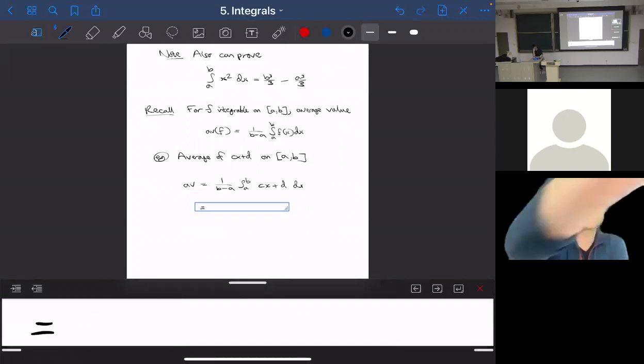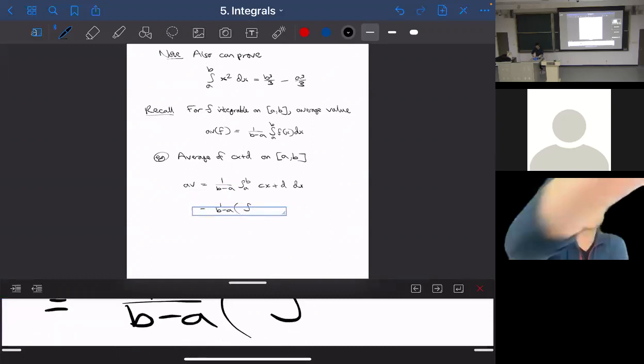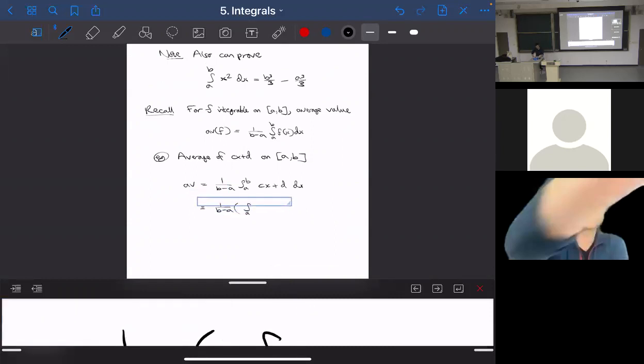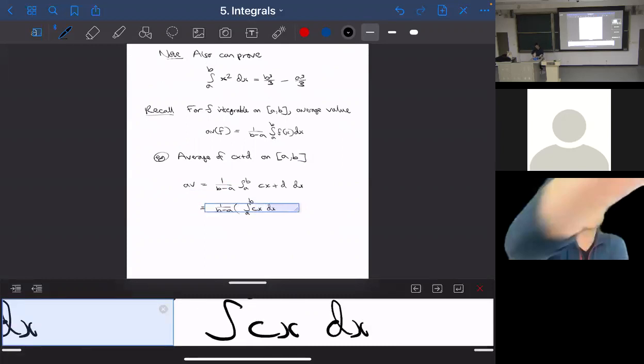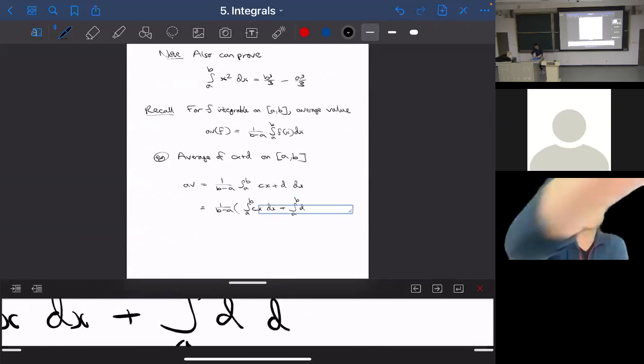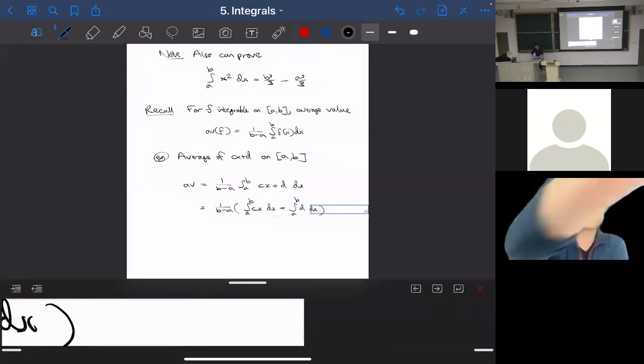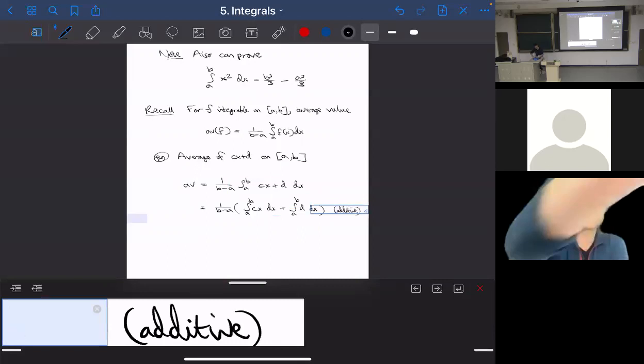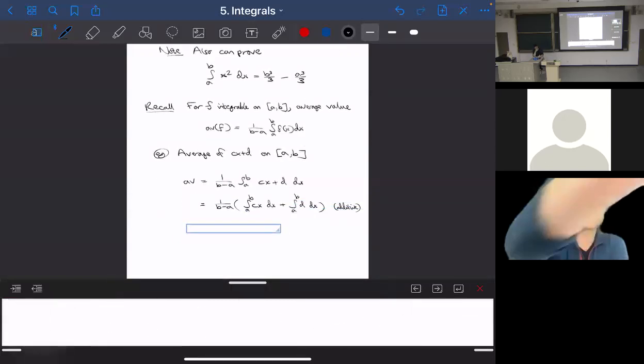And we proved some rules last time for how definite integrals work. So one of them was that integrals are additive. So if I'm integrating a sum, then that's a sum of integrals like this. So that's the additive rule. And then c and d are constants.